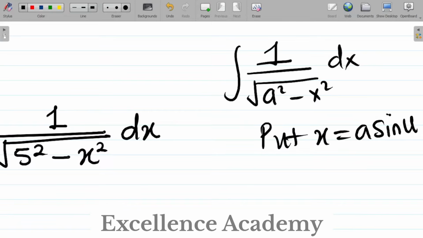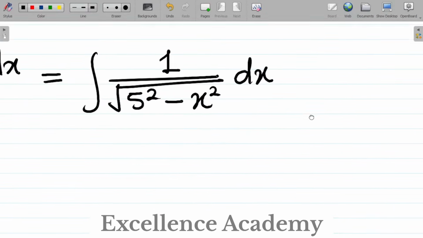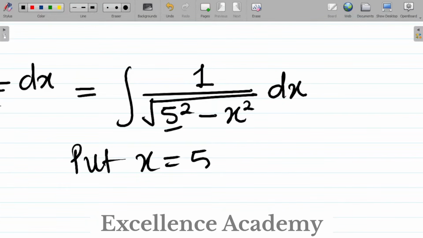Again, I've treated this in a previous class. Please check the playlist on integration. All right, so let's continue with this. To solve this, we said put x equal to a, that is the 5 that is being squared, a sine u. So we have this.